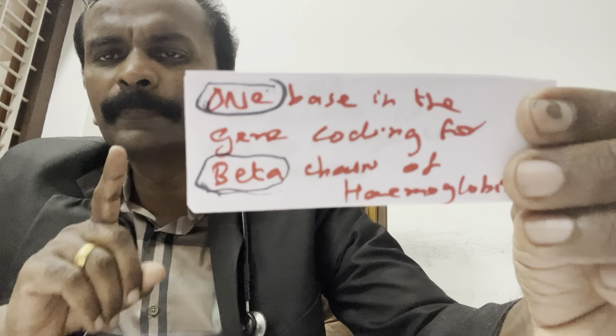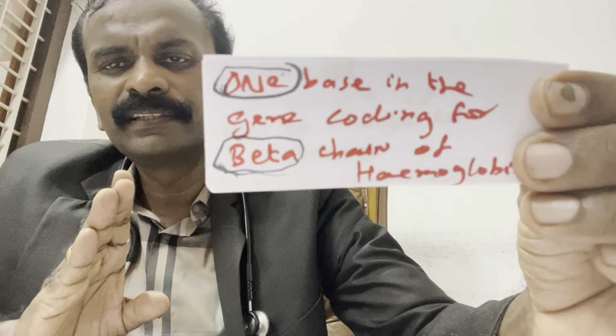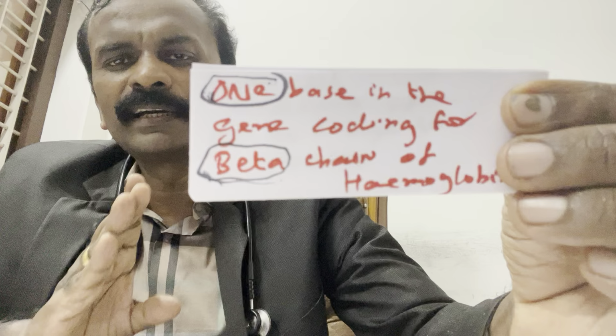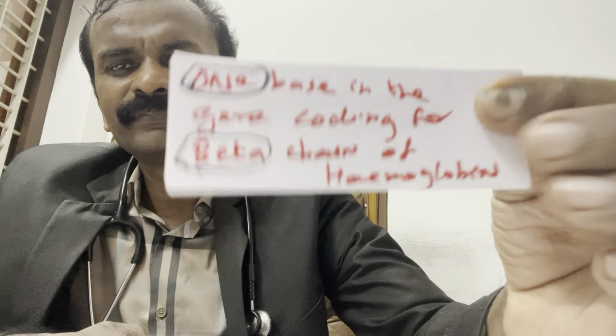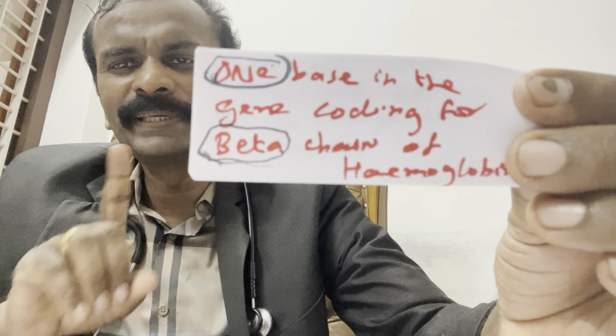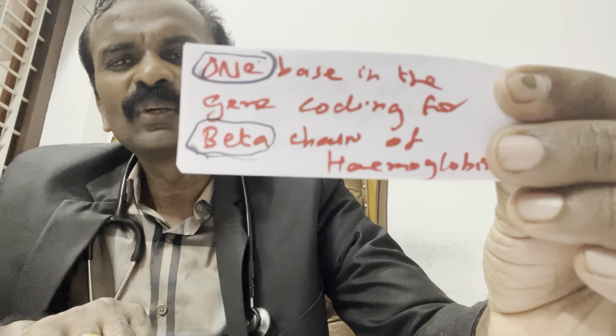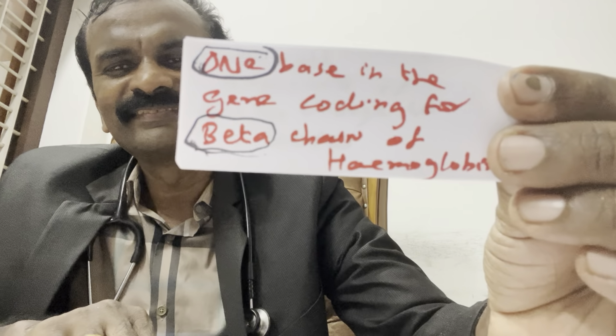There is always one base change in the gene coding for the beta chain of hemoglobin. Okay, one base in the gene coding for the beta chain of hemoglobin. I think this MCQ is a repeat MCQ.